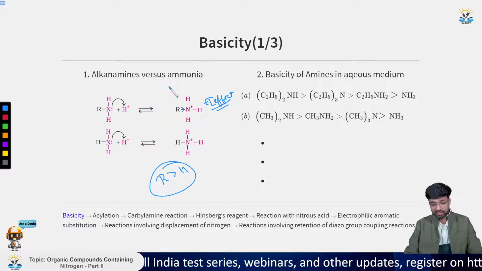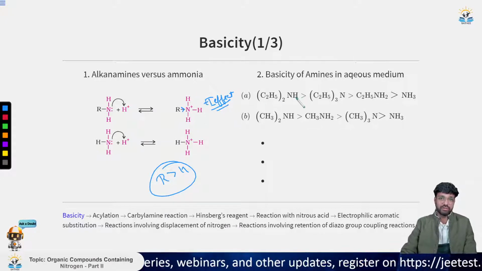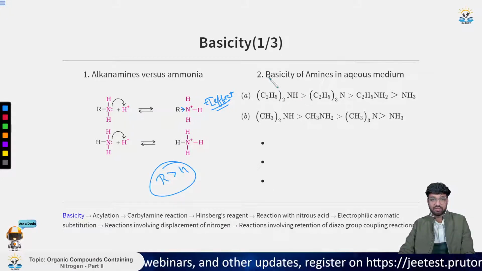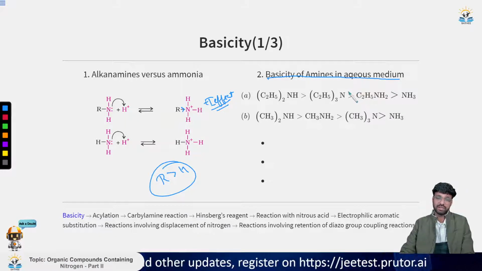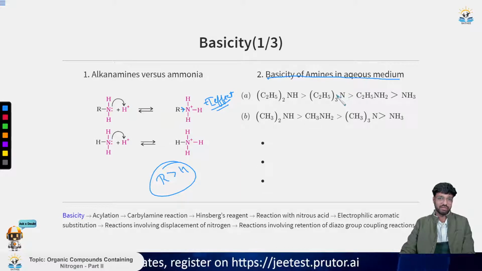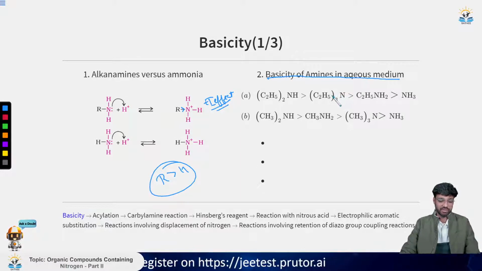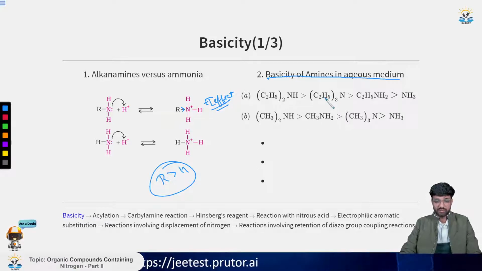Now if you look at alkylamines specifically and compare their basicity in aqueous medium: if something is a base or an acid, it is with respect to something. Keep this in mind, acidity and basicity are not absolute terms. They are relative terms, related to something.